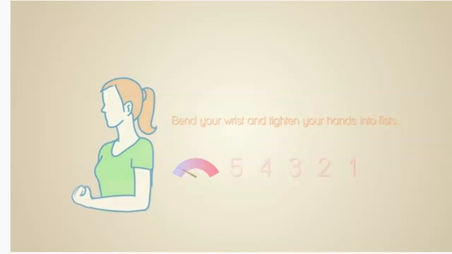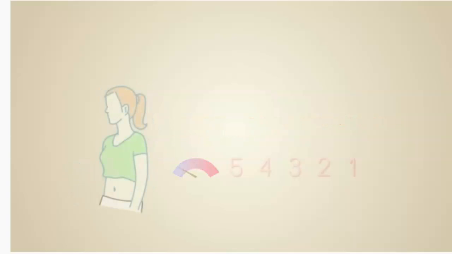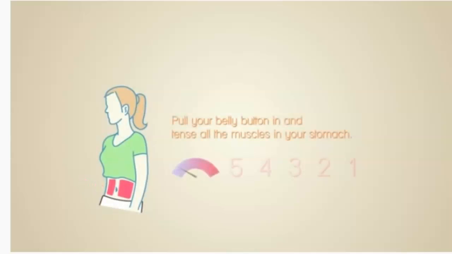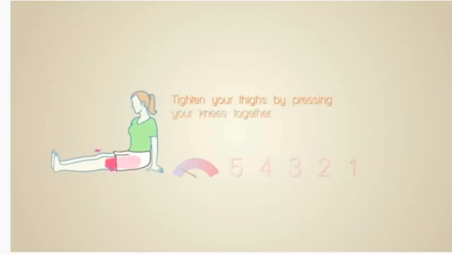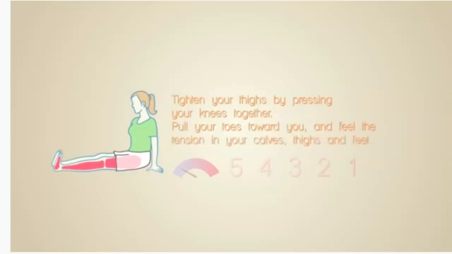Quickly release and relax. Now for your belly. Pull your belly button in and tense all the muscles in your stomach. Hold that tension for 5, 4, 3, 2, 1. Quickly release and relax. Moving on to your legs and your feet. Tighten your thighs by pressing your knees together. Pull your toes towards you and feel the tension in your calves, thighs, and feet.